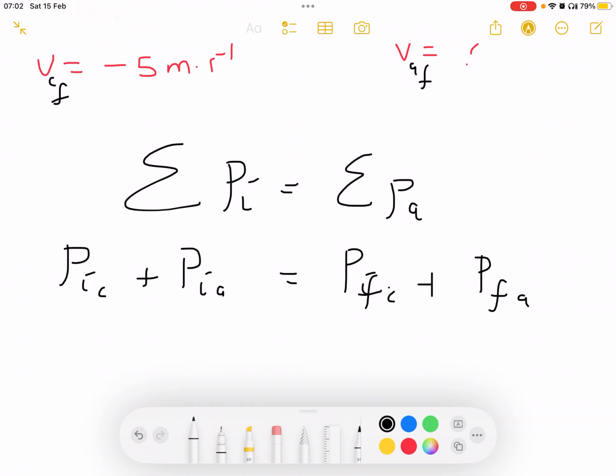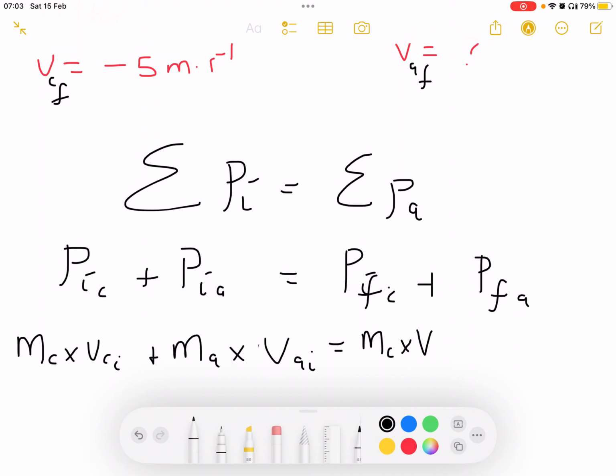So mass of the car times velocity of the car initially plus mass of the ambulance times velocity of the ambulance initially, not mass, velocity, sorry about that, will be equal to mass of the car times velocity of the car finally or after the collision plus mass of ambulance multiplied by velocity of the ambulance finally, which is what we're looking for.